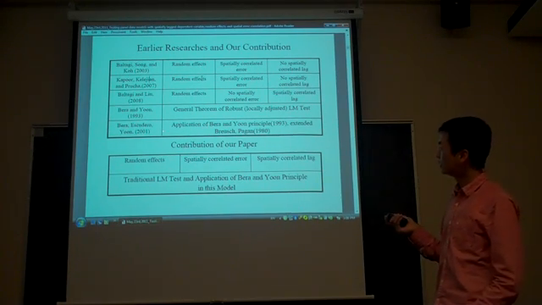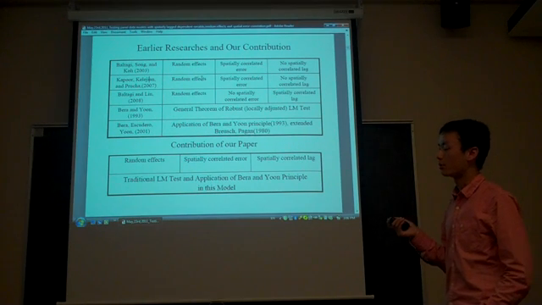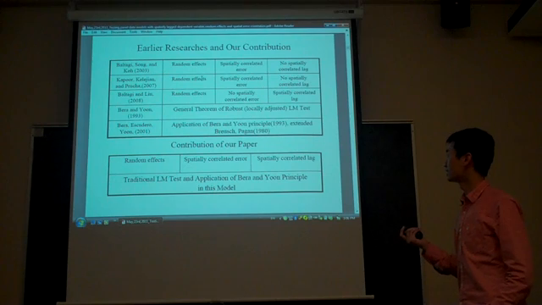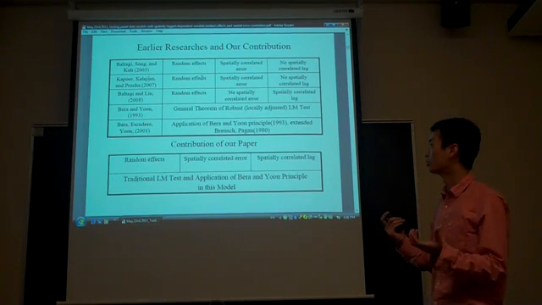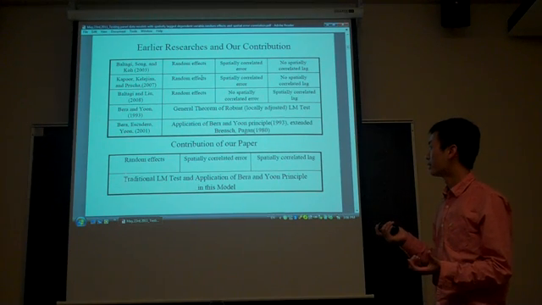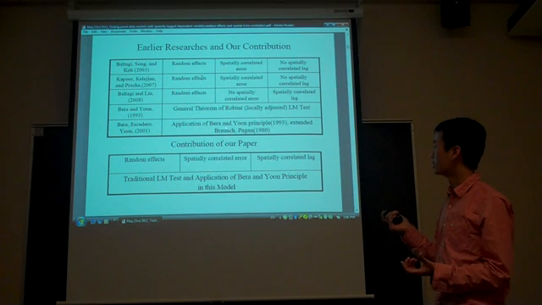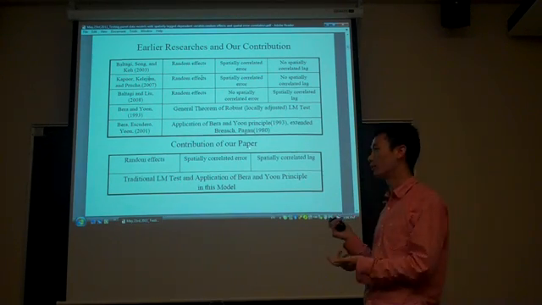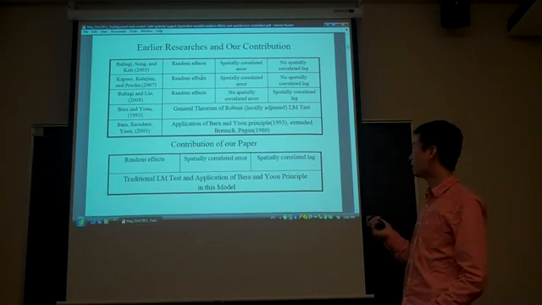On the other hand, Bera and Yoon, in their 1993 paper, proposed a general theorem about a robust, so-called locally adjusted Lagrange multiplier test to correct for local misspecification. Later on, they published another paper in the Journal of Econometrics, which is basically an application of the principle, in which they extended the result of Breusch and Pagan 1980.